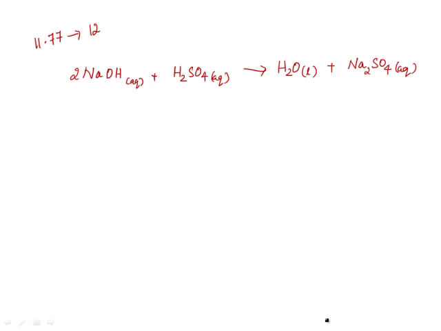How many hydrogens do I have on the left side? H2 and 2 H from the NaOH, so I have 4. I need to put a 2 in front of water also. And 2 oxygens on the right side from water, 2 oxygens from NaOH, SO4 and SO4 are counted. Is the equation balanced now?